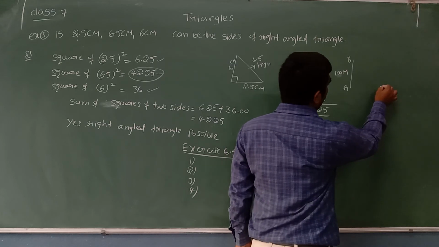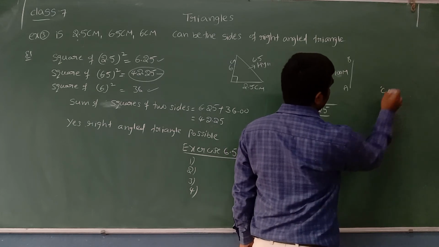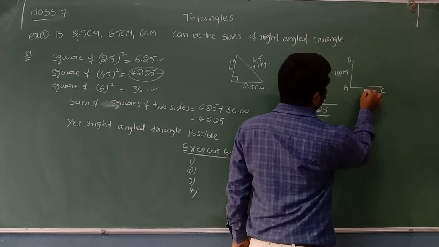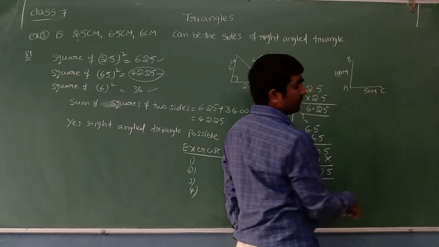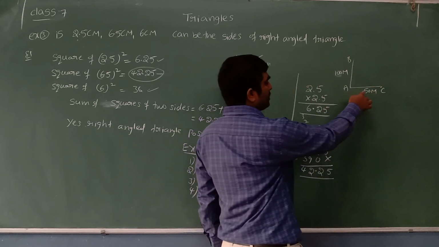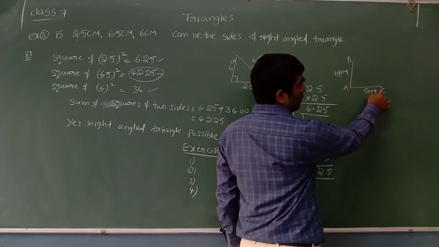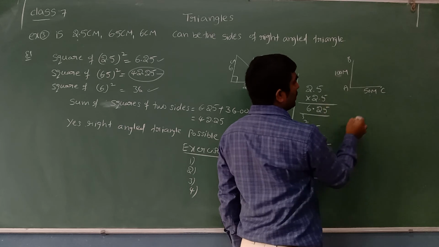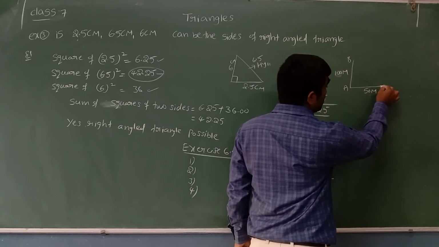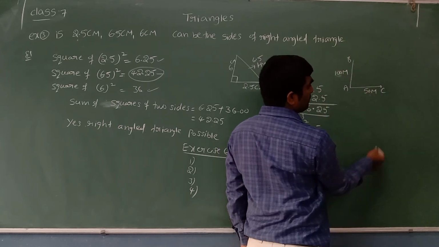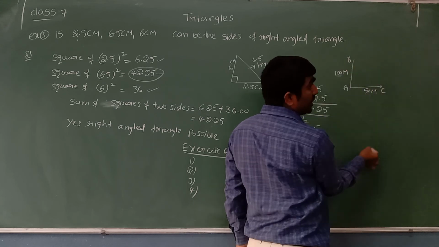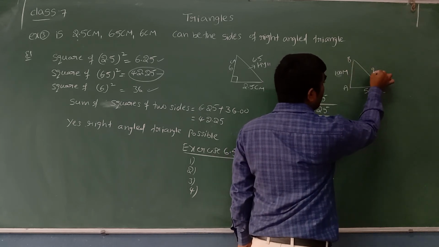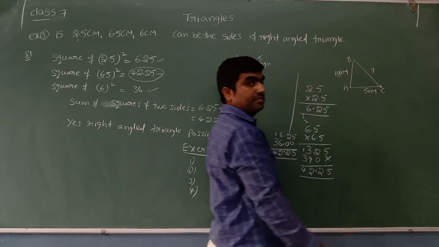Here on the ground one person is standing, 50 meters away from the base of the building. From here, he is observing the top of the building, and he wants to know the distance from his eyes to the top of the building.